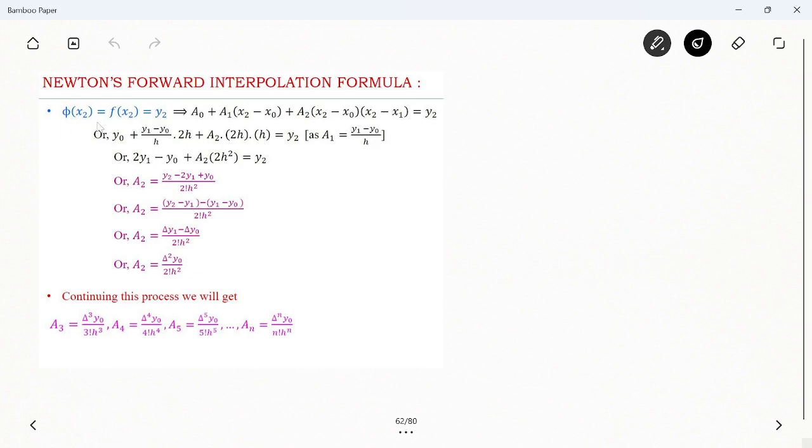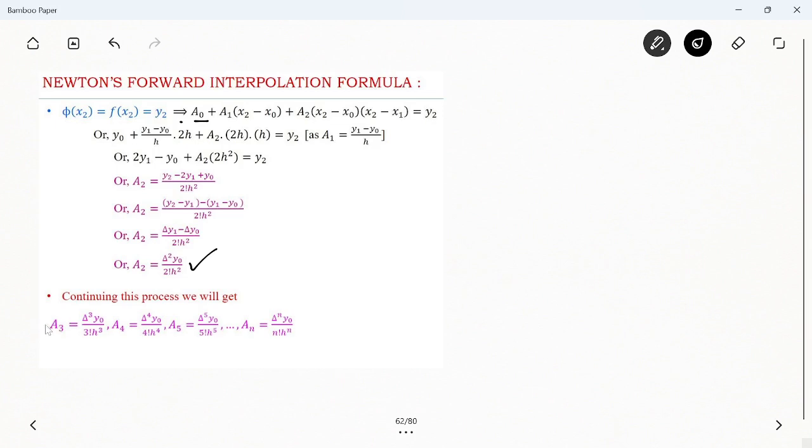Similarly, if we put x equals x2 in equation number 2, we are getting a0, plus a1 into x2 minus x0, plus a2 into x2 minus x0 into x2 minus x1, and the rest all will be 0. Then we put the values of a0 and a1, and we have to find out a2. After calculation, a2 is del square y0 by 2 factorial h square.